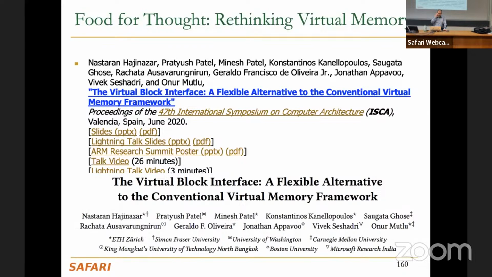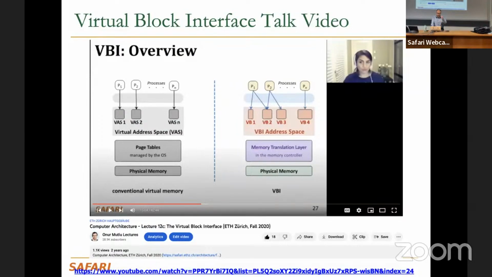This virtual block interface is one of the works that we have done to think about virtual memory a little bit differently. You can check it if you're interested, or you can watch Nastaran's talk in one of the computer architecture lectures in fall 2020, 4 years ago.